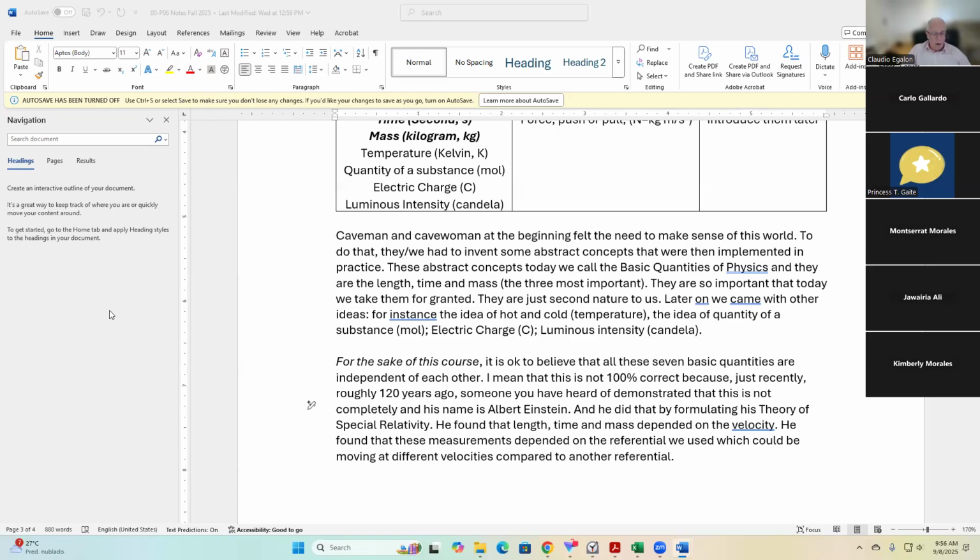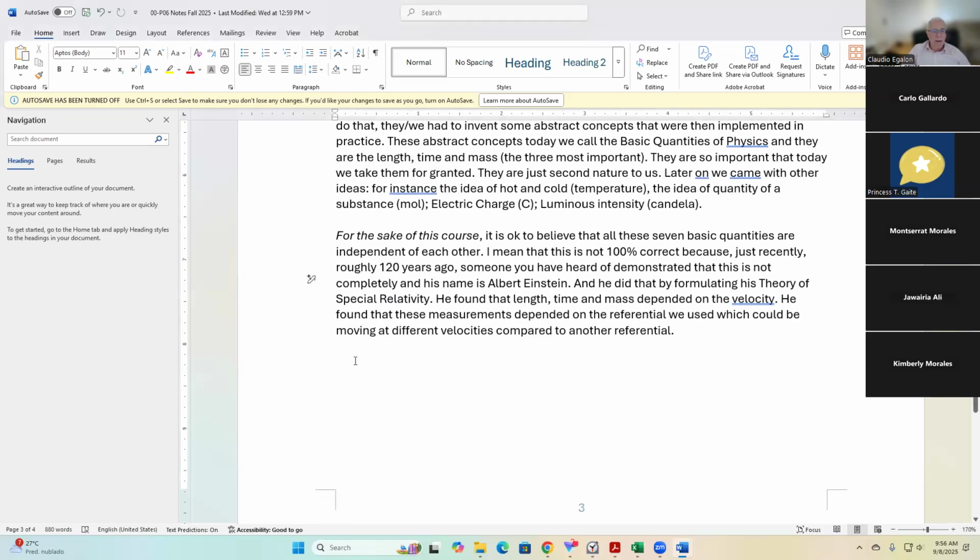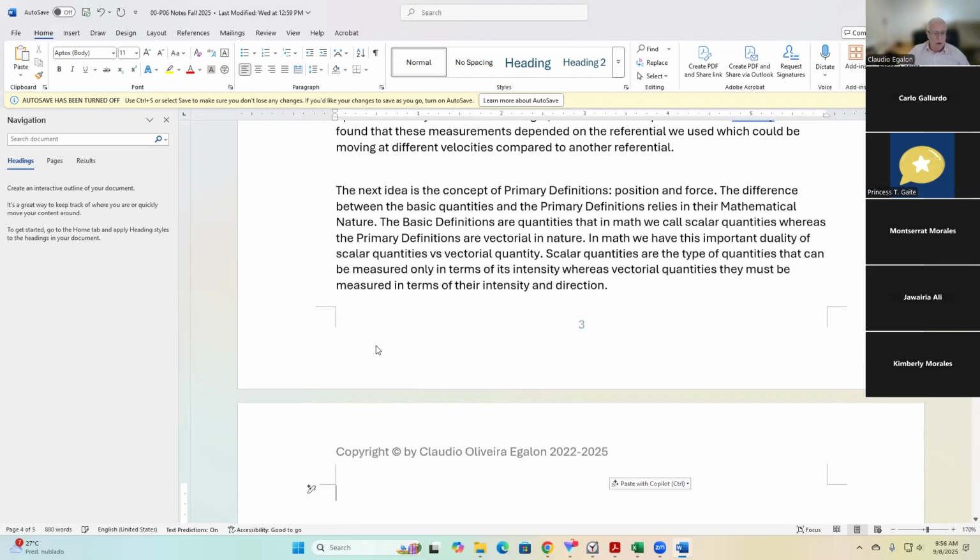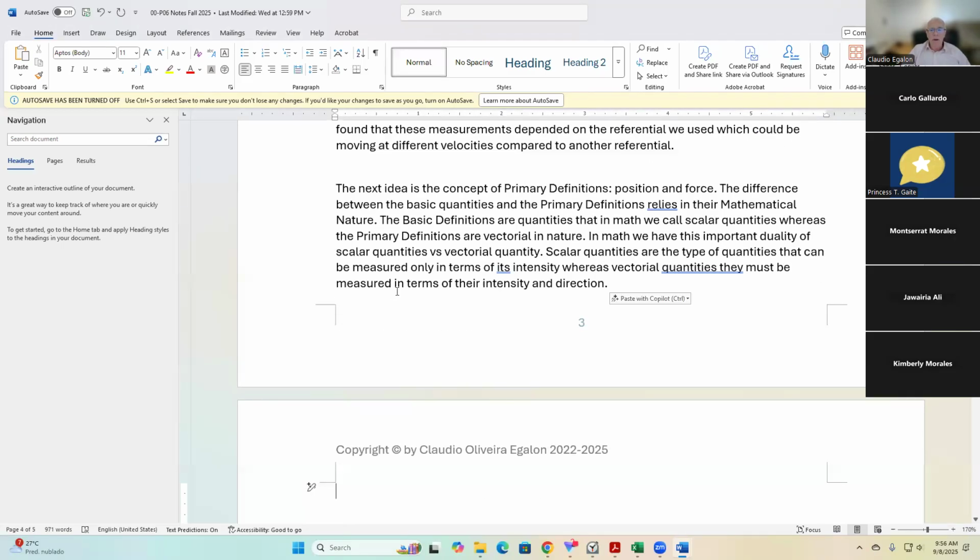Okay, a little bit more about the primary definitions. So I covered the basic quantities long enough, and the primary definitions are just position and force. We're going to use this idea of position a lot at the beginning, and later on we're going to use this idea of force a lot as well. The difference between basic quantities and the primary definitions relies on their mathematical nature.